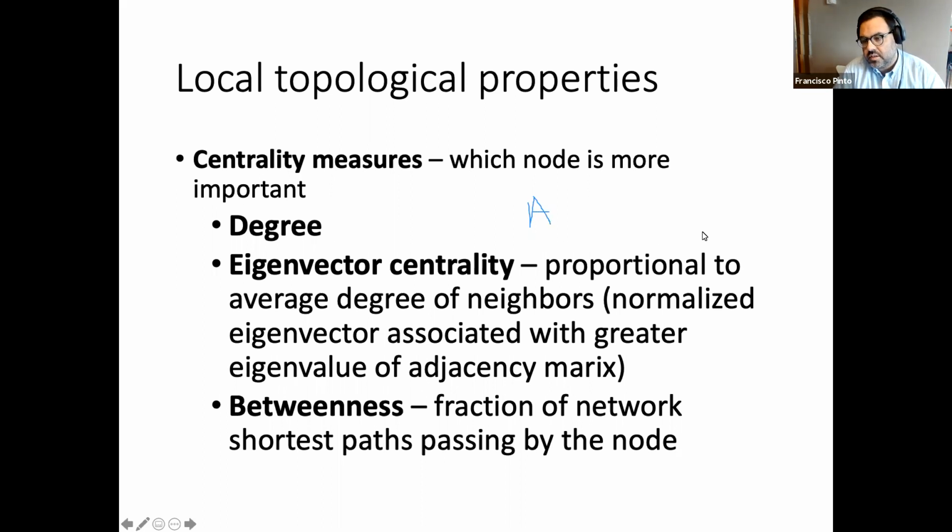The adjacency matrix is a square matrix where each element, in row I and column J, tells you that node I is connected to node J.